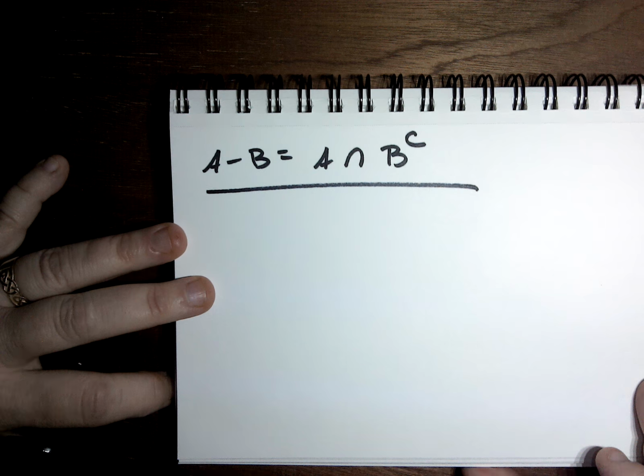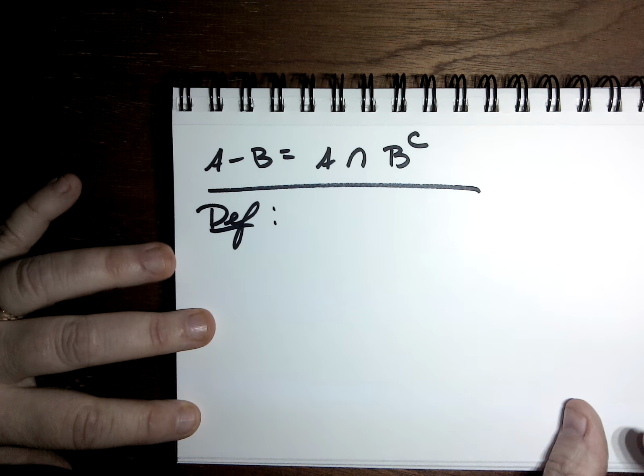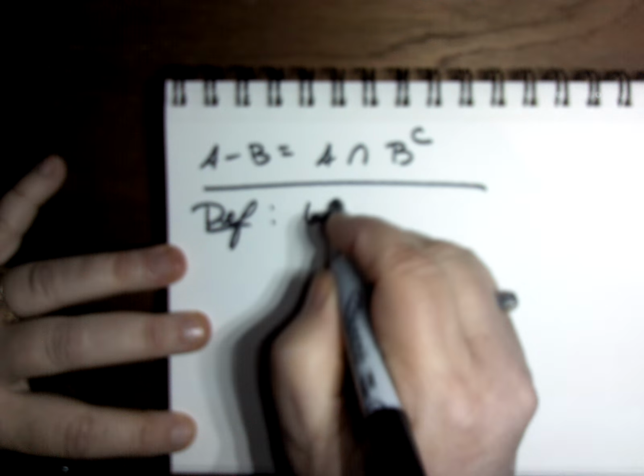The other definition, a little bit bigger one, is for cross product or just plain product. So assume A and B are sets.